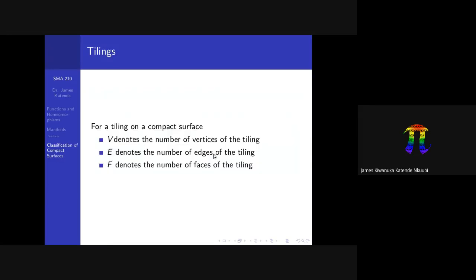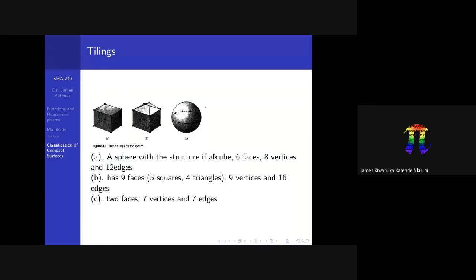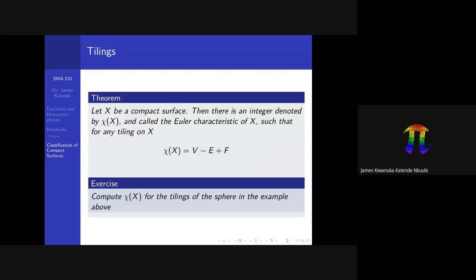So I want you to do that for these tilings on the sphere. Can you do that? I'll give you 3 minutes. So compute the Euler characteristic for each of these tilings on the sphere. That is the question, and you compute it using this formula.